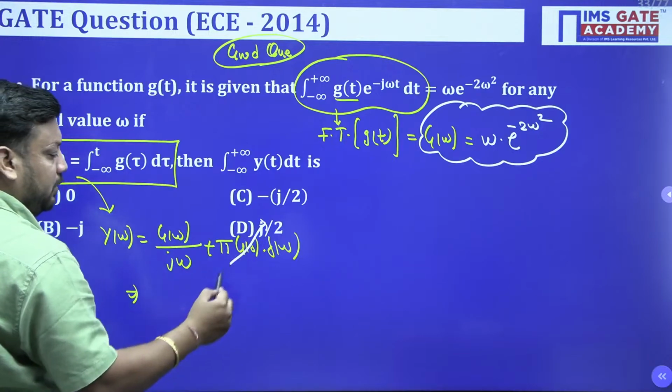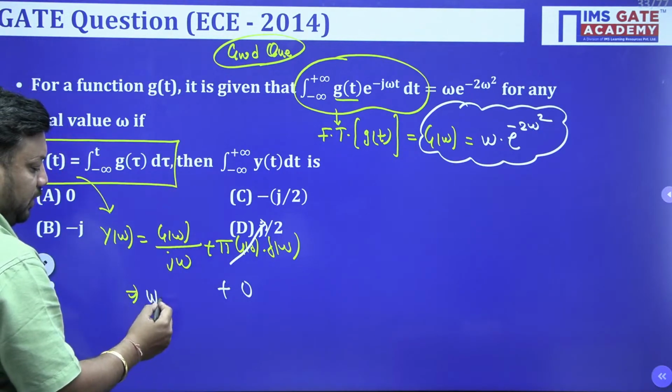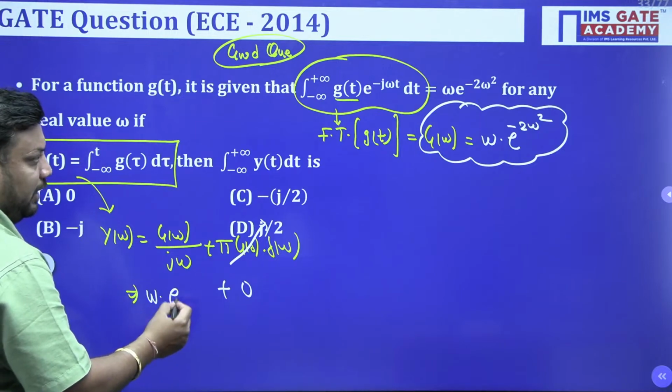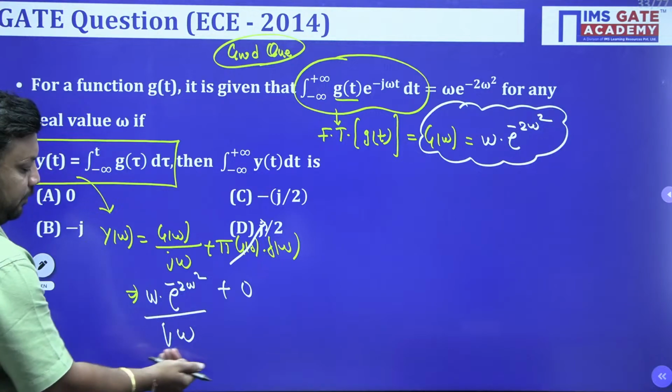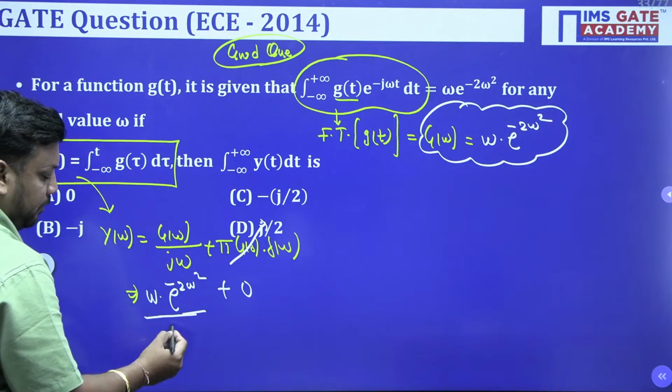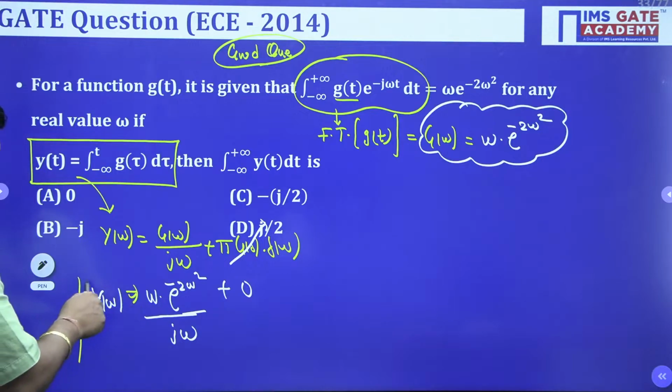So this term will become 0. So what is G(omega)? I am just putting the value of G(omega), omega e to the power minus 2 omega square upon j omega. So this will give me Y(omega).